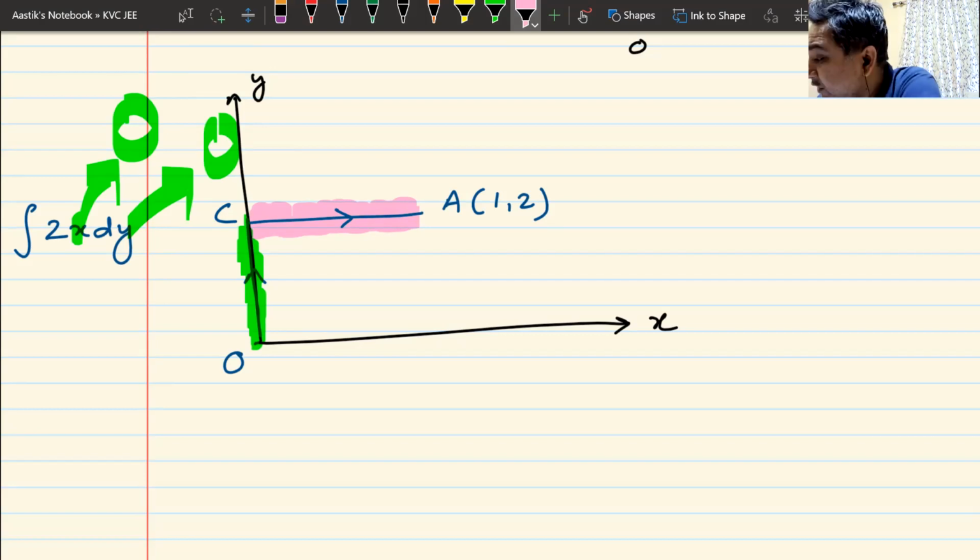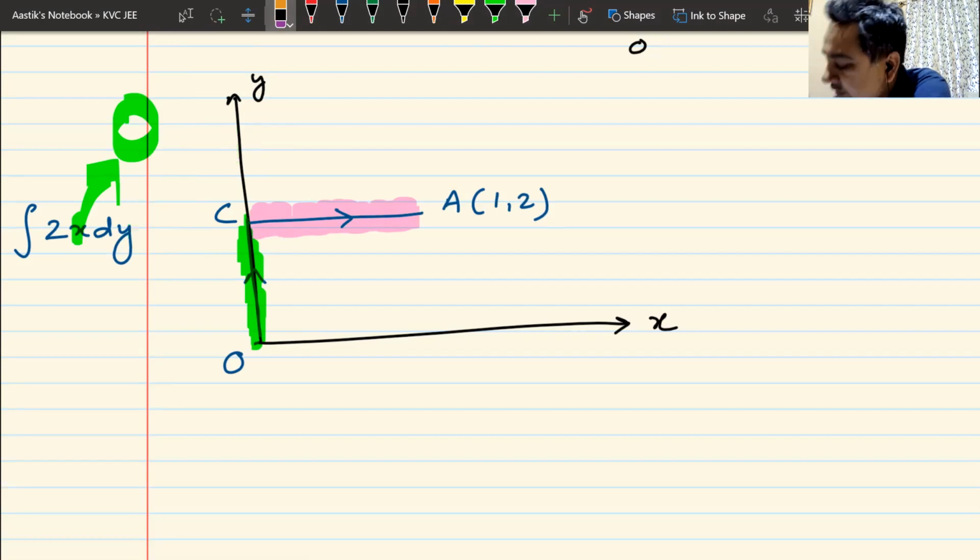Oh, sorry. I have made a mistake here. In the green path, the value of y is changing. Why am I writing the value of y as 0? Sorry, I made a mistake. So in the green path, only the value of x is 0.